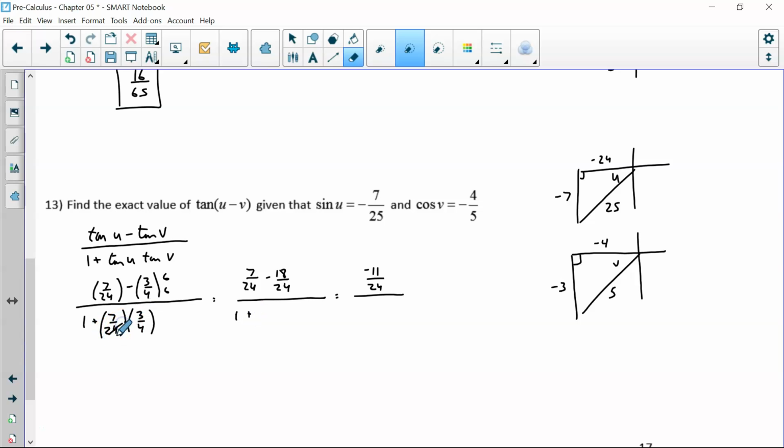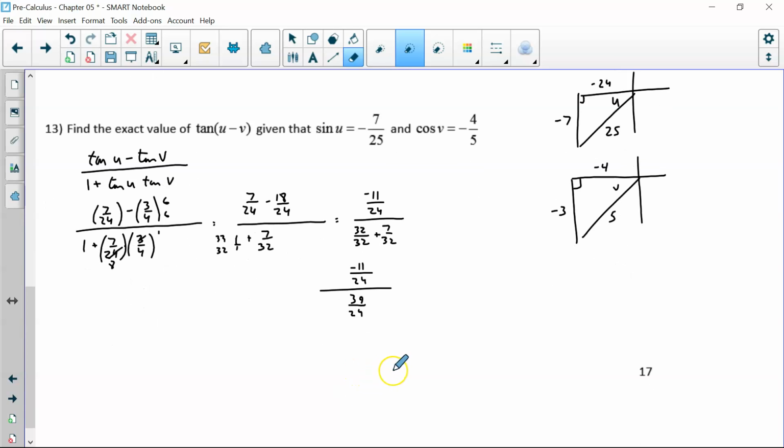The 24 on the bottom is divisible by 3, you get 8. 3 on top is a 1. So you get 1 plus 7 over 32. Common denominator of 32, multiplied by 32 over 32. So you get 32 over 32 plus 7 over 32. So we have negative 11 over 24, all divided by 39 over 32.